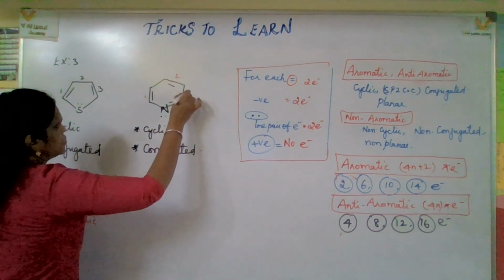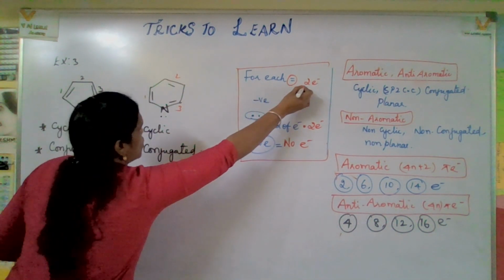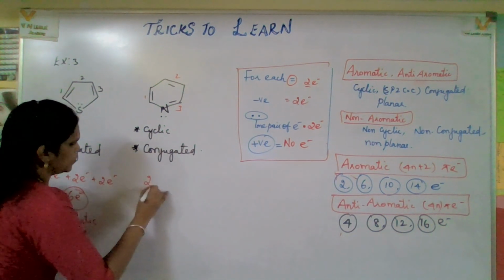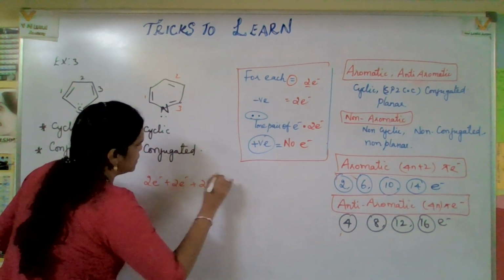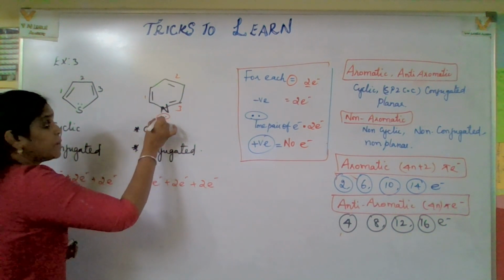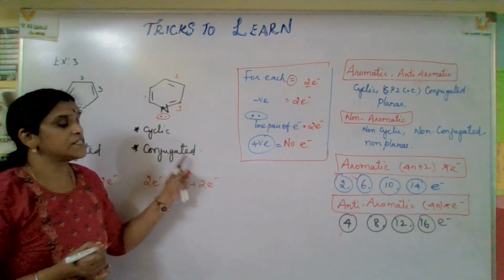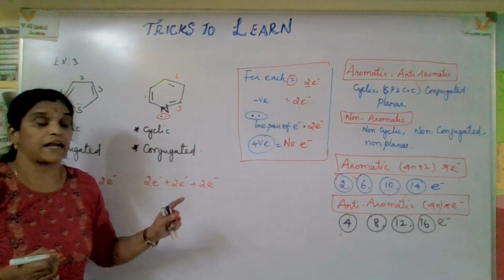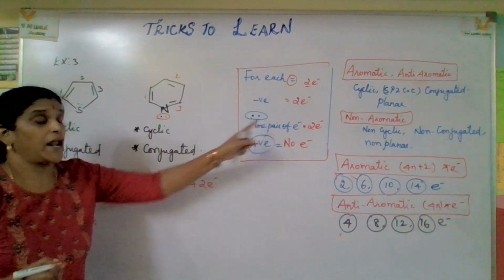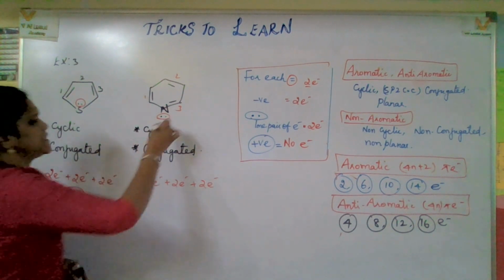And the same way here also, 1, 2, 3. So that means 3 double bonds are there, alternate double bonds. So how many electrons? 2 plus 2 plus 2. See, the outside lone pair of electrons is not considered. We went through that rule earlier. Only the inside lone pair we can consider, that is 2 electrons, but not the outside electrons.